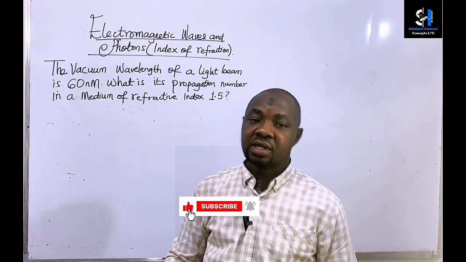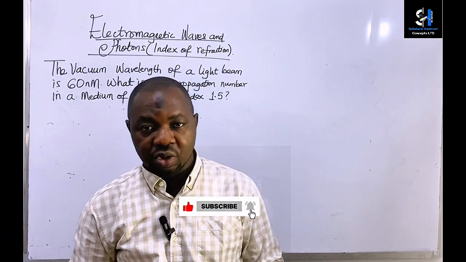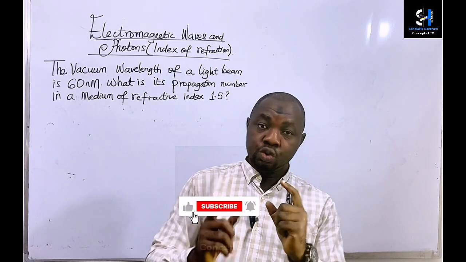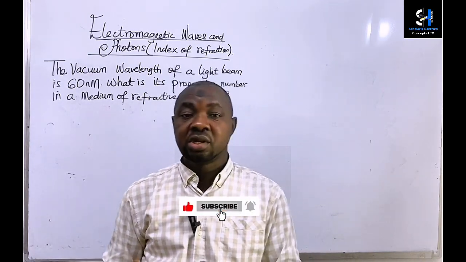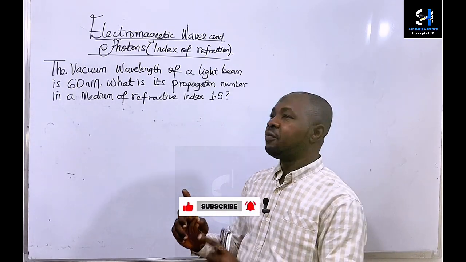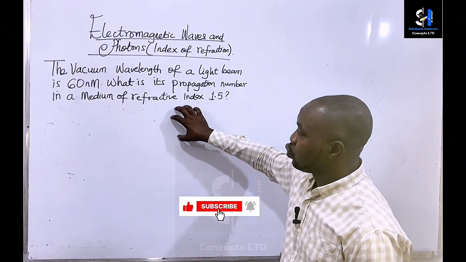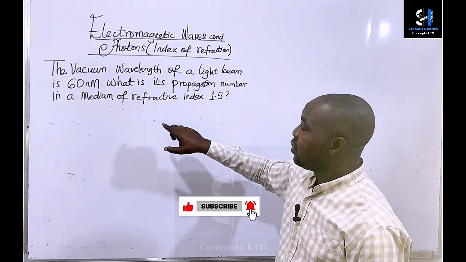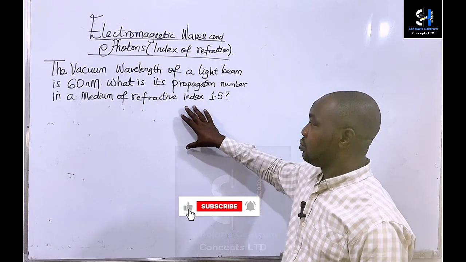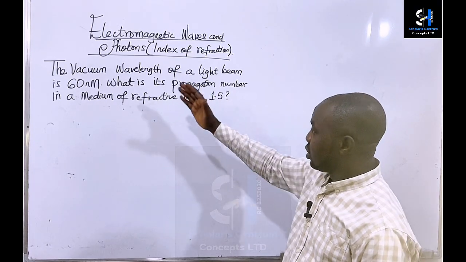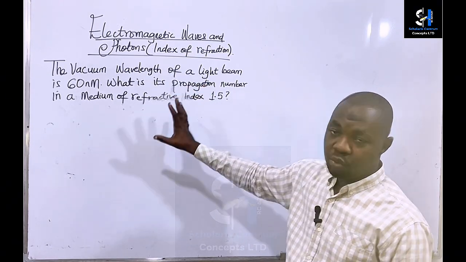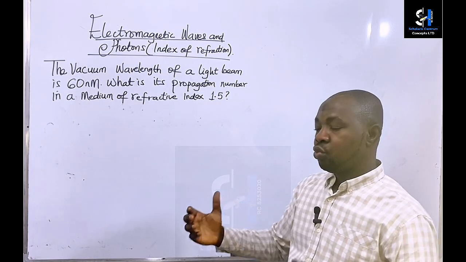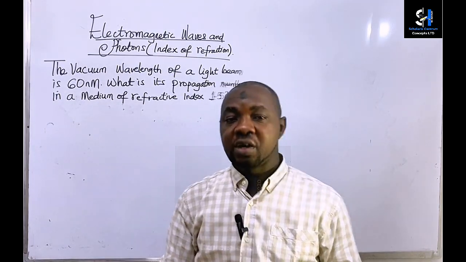Refractive index has many formulas, but we're only going to use one of them in this case. It is the only formula we can use to calculate the wavelength of the material medium, according to the question.